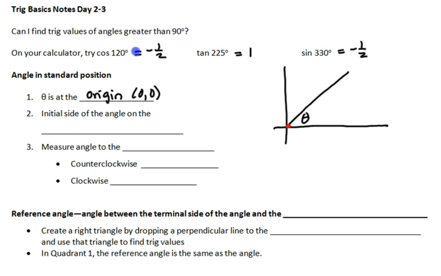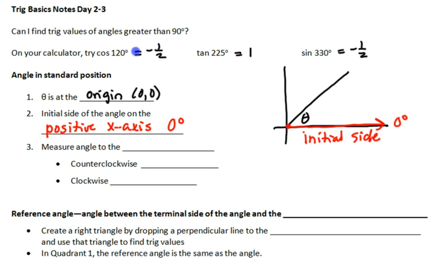Notice that its vertex is right here at the origin. The initial side of the angle is on the positive x-axis, or at 0 degrees. So one side of my angle is on that axis, and that's the initial side of the angle.